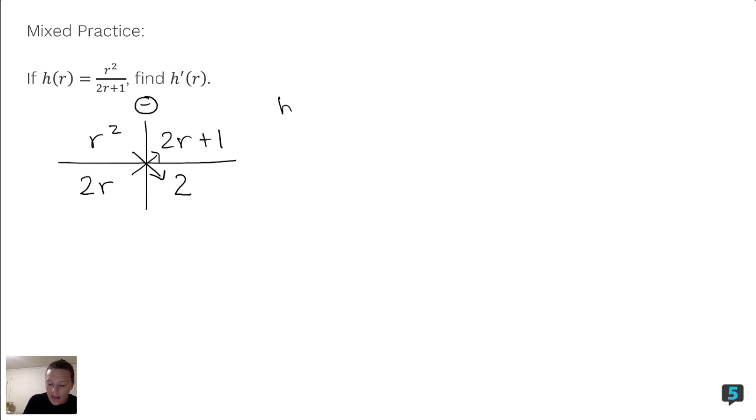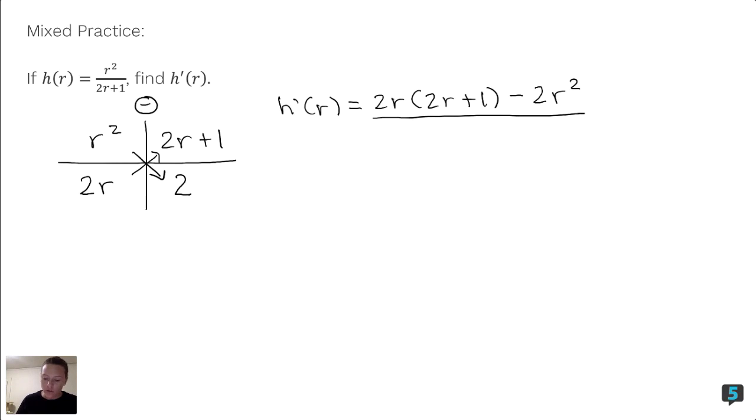So we're going to have that h prime of r equals 2r times the quantity 2r plus 1 minus r squared times 2. Now, if I'm thinking ahead on this one a little bit, I would probably just write 2r squared, since that derivative in the bottom right was just a number 2. We can write it as that coefficient to r squared, all over that original denominator squared, so 2r plus 1 quantity squared.